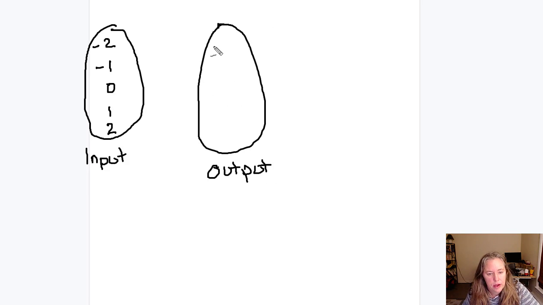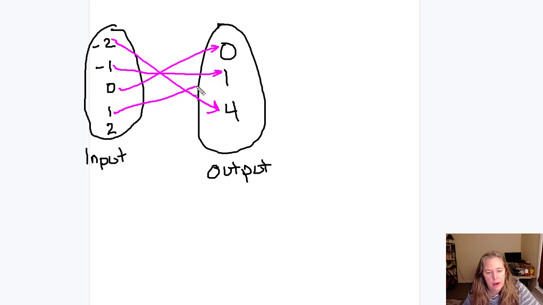Let's do 0, 1, 4. Okay. We could say -2 is the input, the output is 4. -1 is the input, the output is 1, 0 is the input, the output is 0. 1 is the input, the output is 1. So a mapping can look like that.